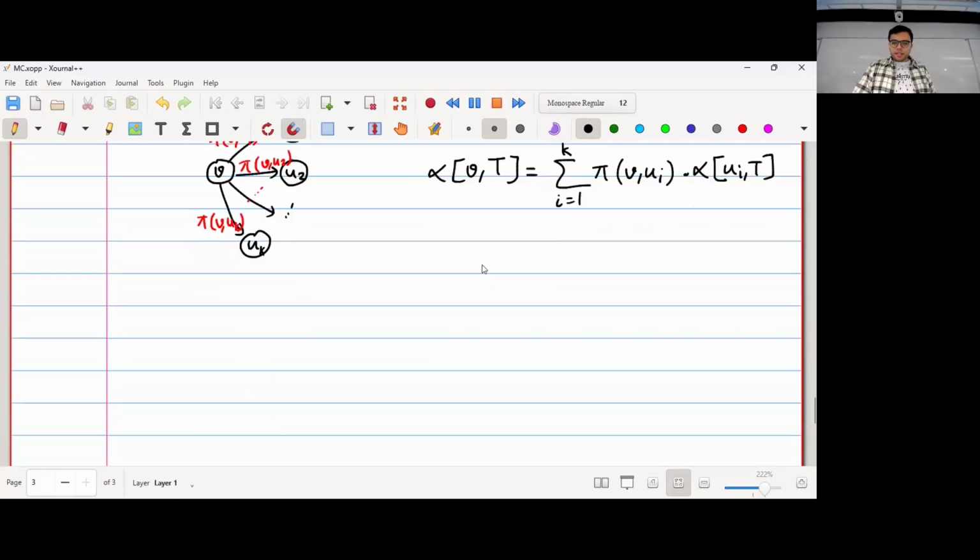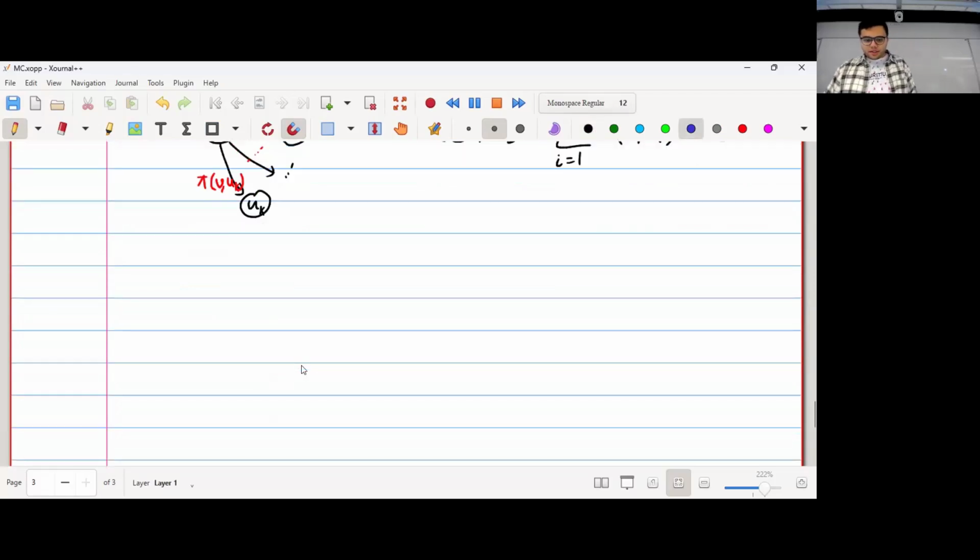Now, does this always give me an answer? Let's do something very simple. Let's say I have these vertices, 1, 2, and 3. And let's say I have these probabilities.